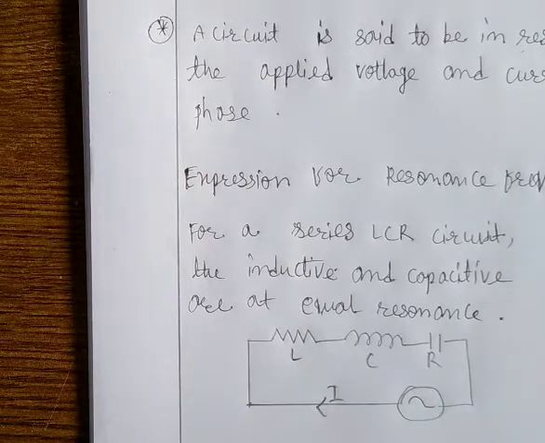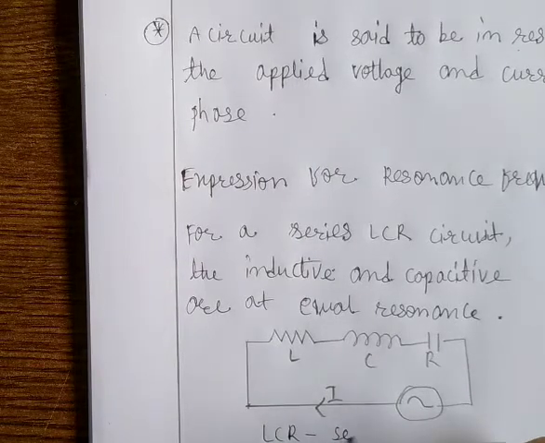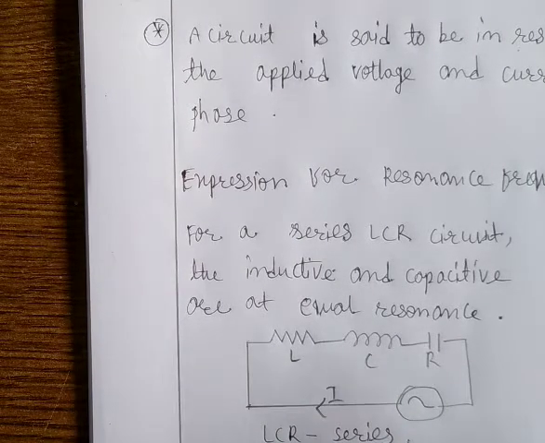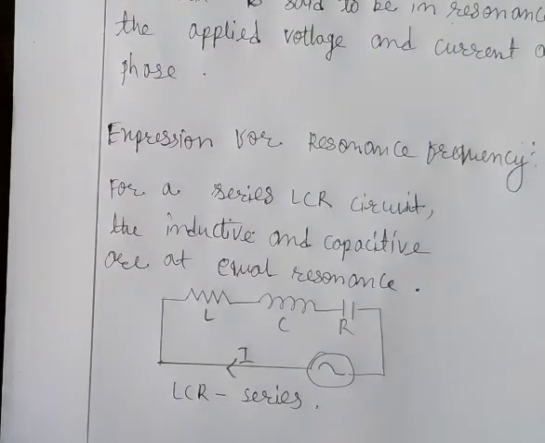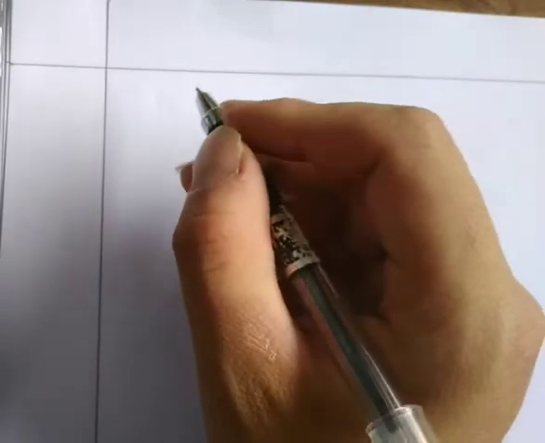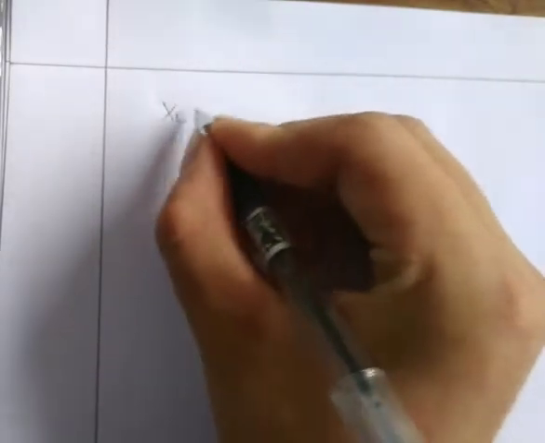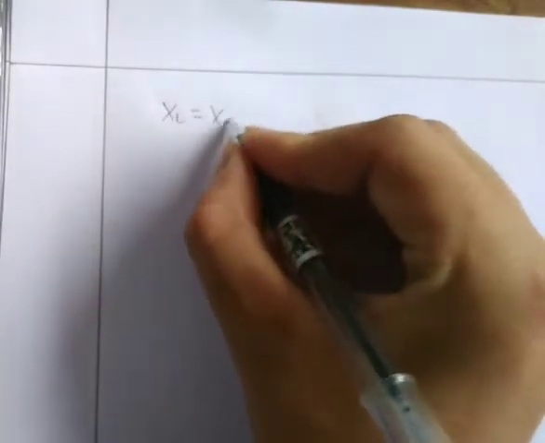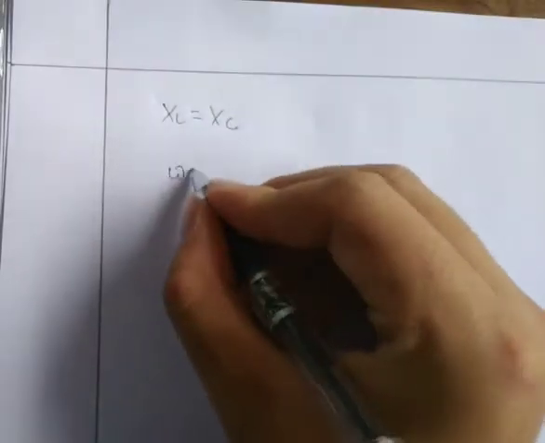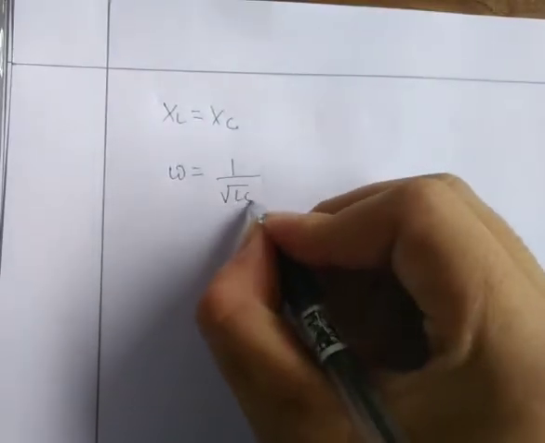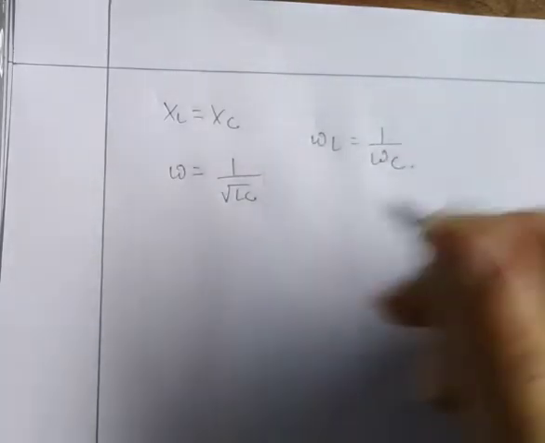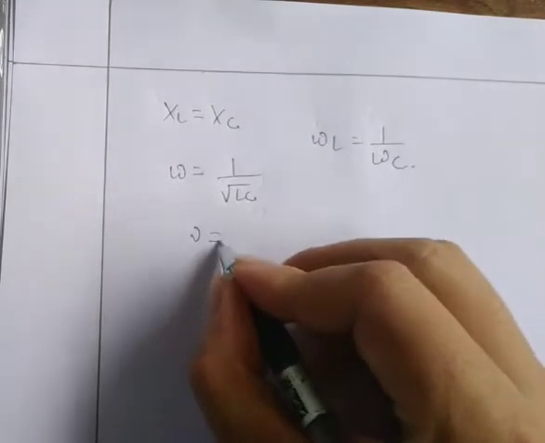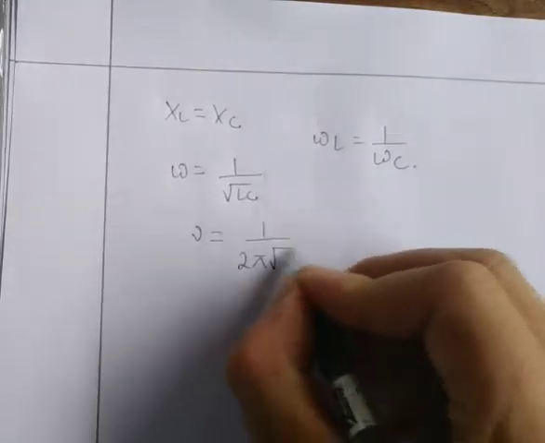So this is the LCR series diagram. Now I will show you the expression. The expression for resonance frequency is XL equals XC, so omega L equals 1 by omega C, where omega equals 1 by root LC, and the frequency f equals 1 by 2 pi root LC.